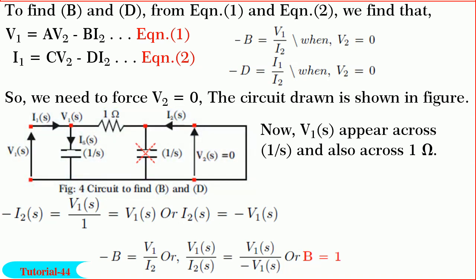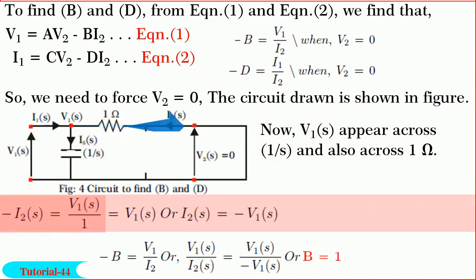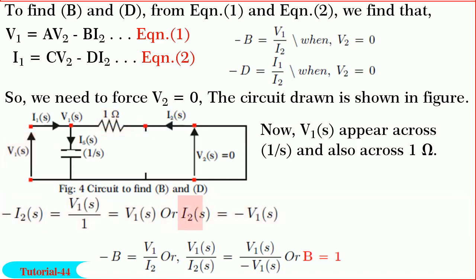Now friends, keenly observe, the second capacitor of 1/s is short circuited, so we can remove it from the network. Further, you observe that V1(s) appears across the first capacitor of 1/s as well as across the 1 ohm resistance. So, minus I2(s) is equal to V1(s)/1, or I2(s) = minus V1(s).